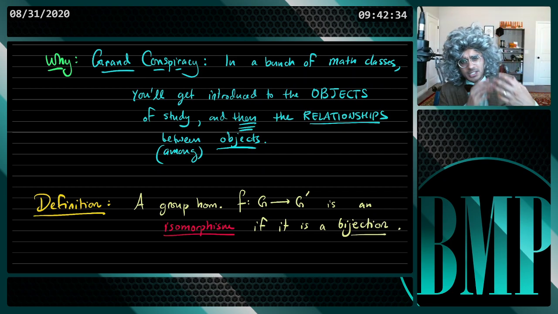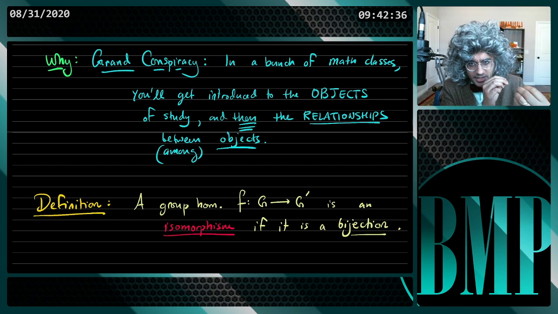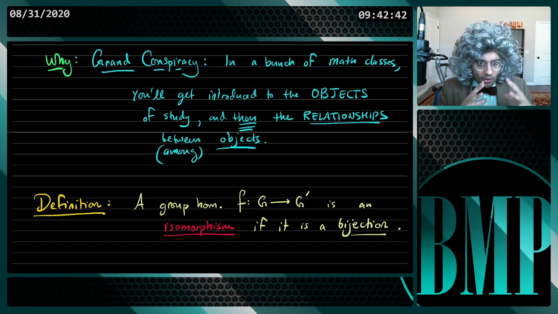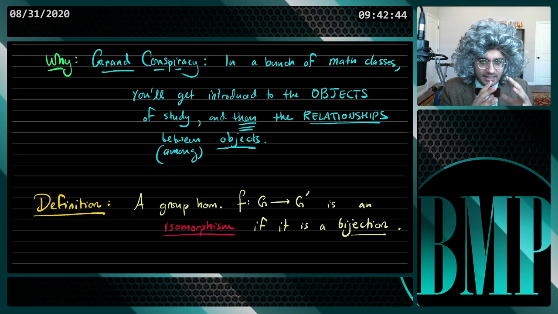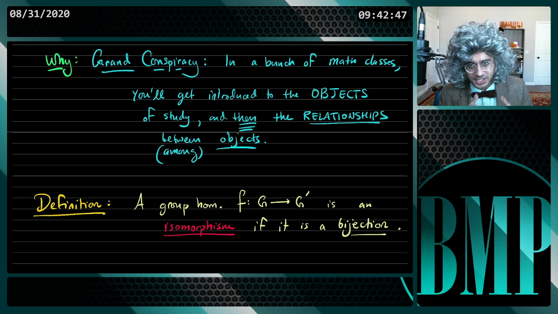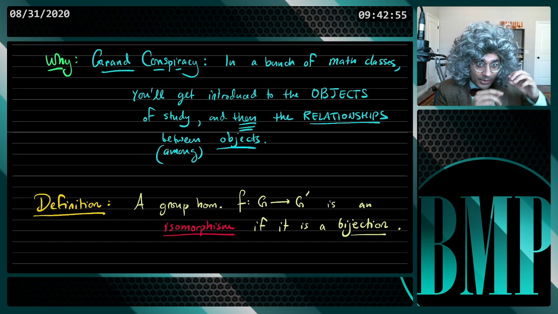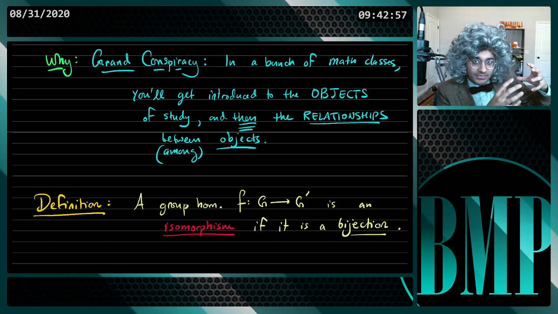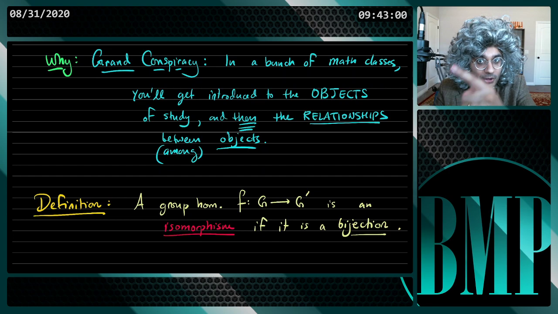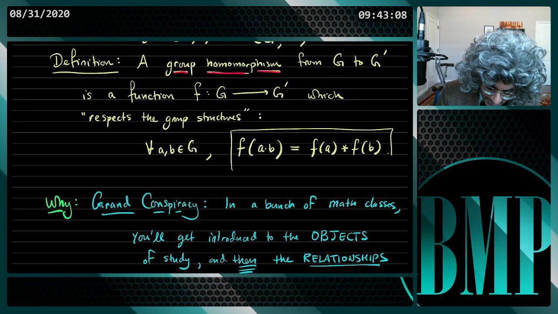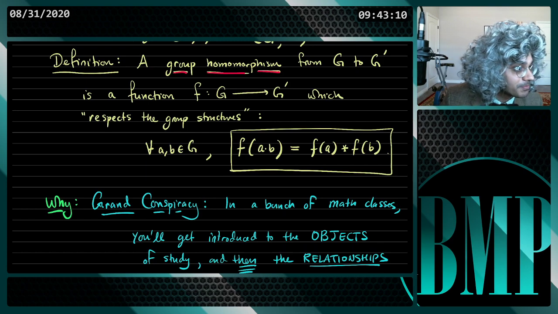In other words, it's a perfect one-to-one onto mapping between G and G prime. All elements of G prime are hit exactly once by an element in G. The elements of G and the elements of G prime are partnered up in such a way that when you multiply on G's side, the partners multiply correctly on G prime's side. The multiplication on both sides are in alignment. That's what this group homomorphism property means.